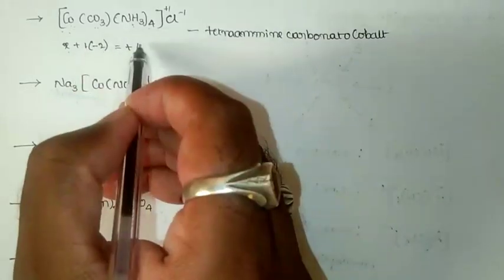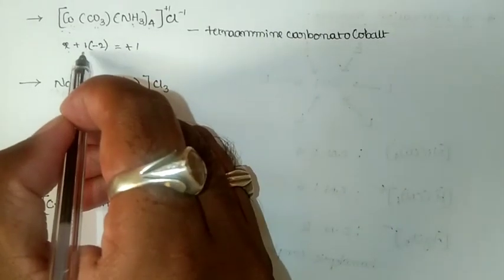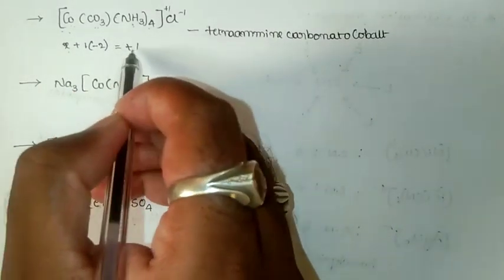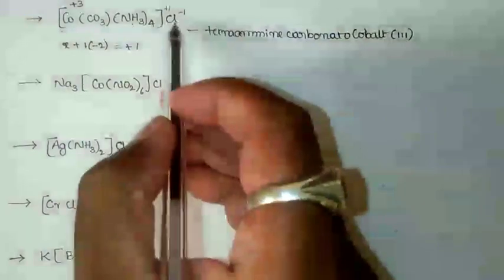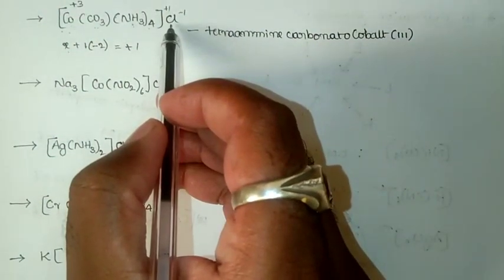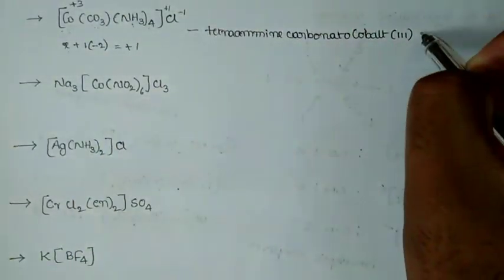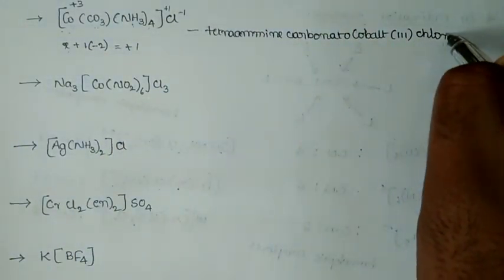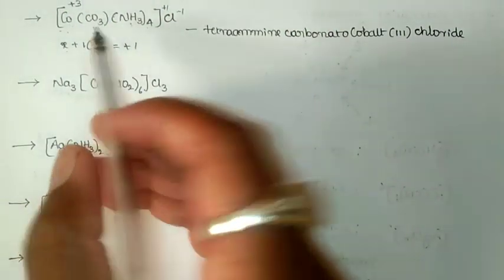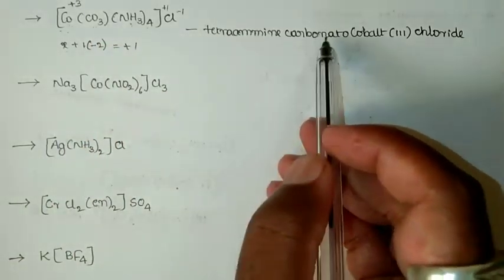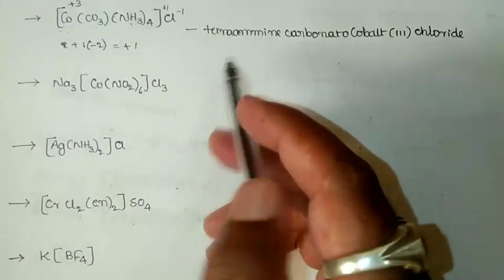So -2 when it comes to the right hand side becomes +2, +2 +1, so it will be +3. So cobalt is in +3 oxidation state. So cobalt 3, and now the ionic sphere present as anion, which is chloride. So that is the complete name of this complex compound, tetraamine carbonato cobalt 3 chloride.